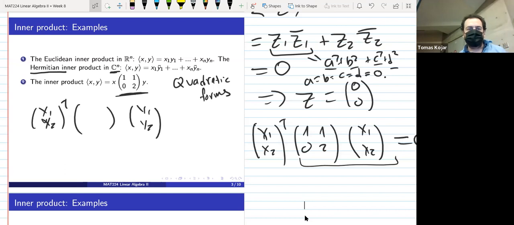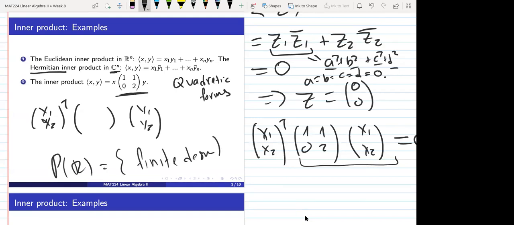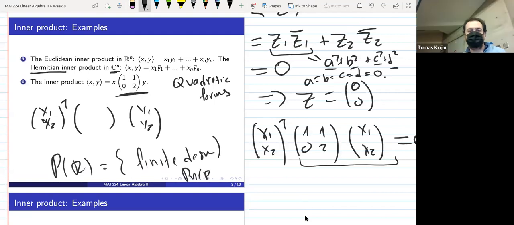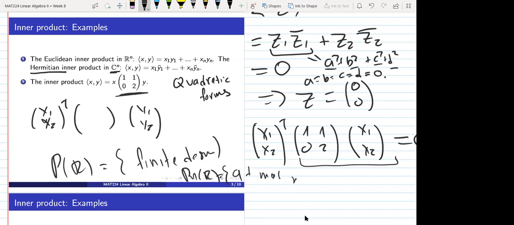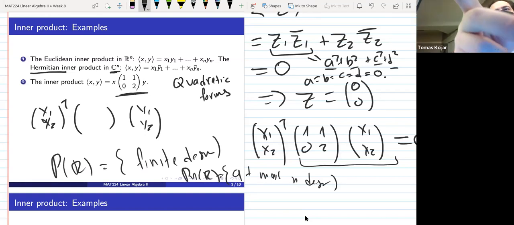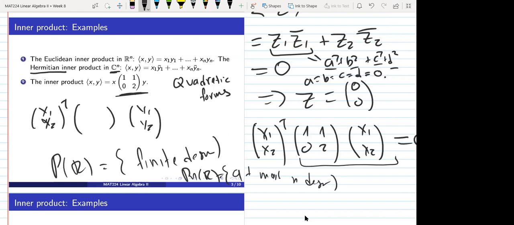PR are all the polynomials of any finite degree, but PN are all of degree at most n. N cannot go to infinity; it's always a finite number.